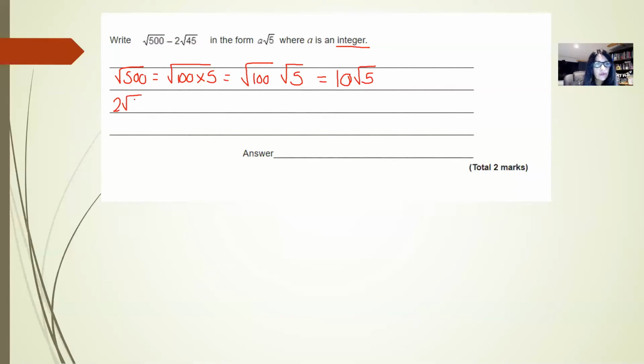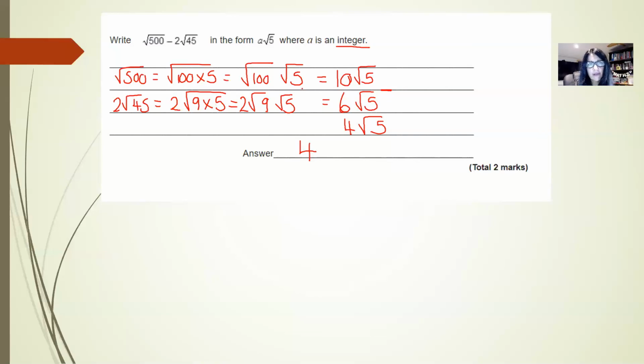I'm going to leave the 2 and I'm going to change the 45 to 9 times 5, because I want the 5 to be left as a surd. So root 9, I've still got my 2 there, root 5, root 9 is 3, 3 times 2 is 6, that's 6 root 5. And we're taking away, so 10 root 5, take away 6 root 5 is 4 root 5. And that's our answer.